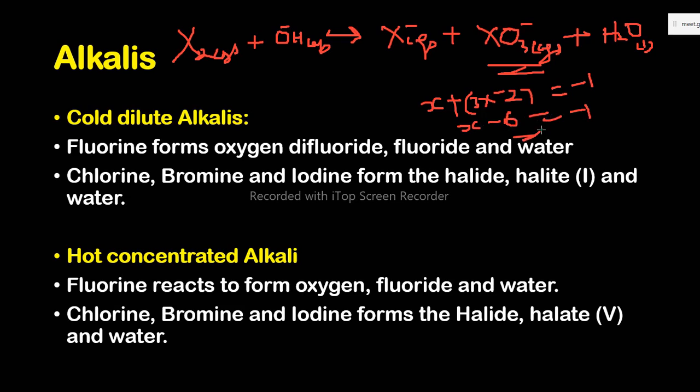So x becomes +5. It is as simple as this. That's why it is called a halate 5. So the halogen is in +5 oxidation state. That's why with chlorine, you remember, it has a +1 oxidation state, so it doesn't form this. No, it doesn't form this, for it is in +1 oxidation state.